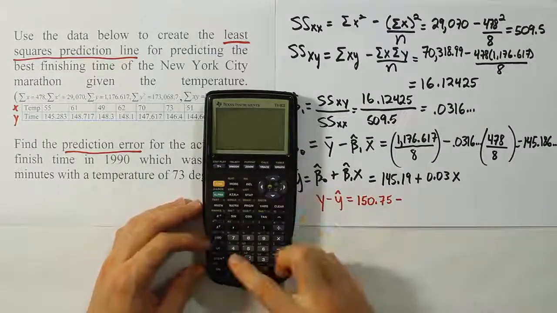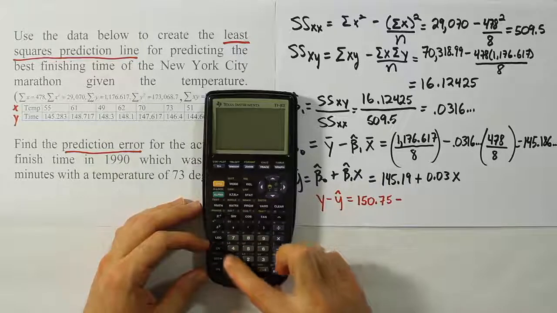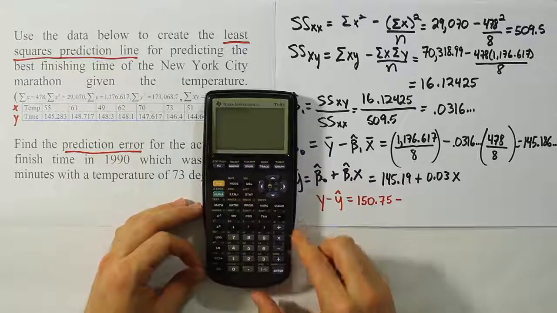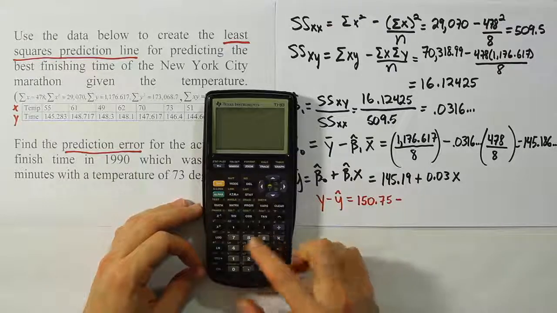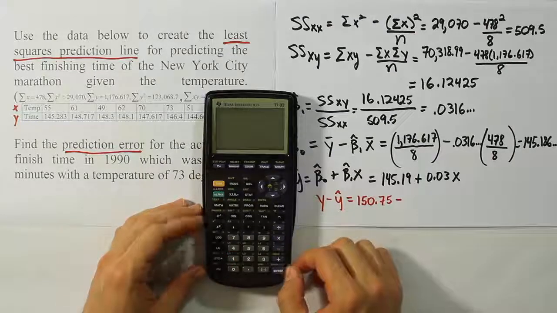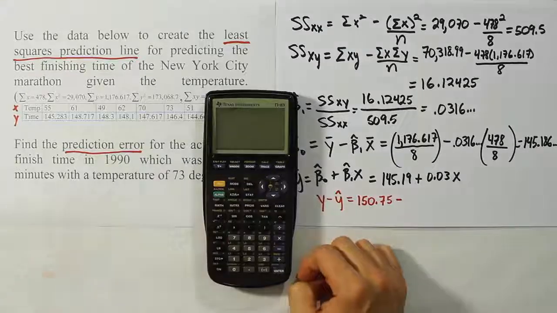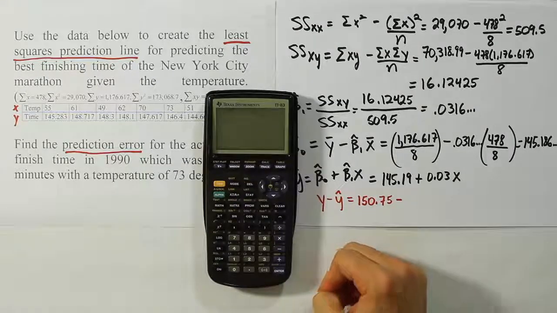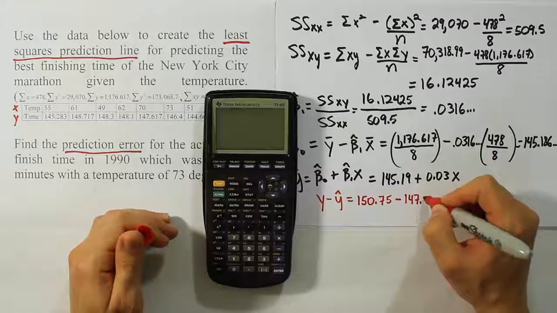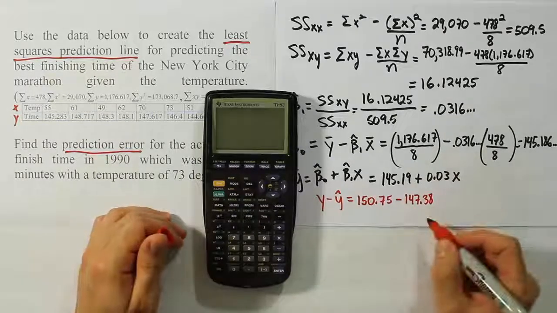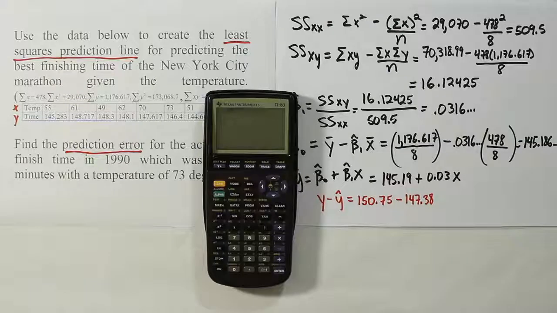Okay, so we're going to have 145.19, then we'll have plus the 0.03 times our 73 degrees. Let's see what that ends up giving us for a finishing time. That means we predict our finishing time to be 147.38. So we think that would be the average finishing time for a day when the temperature is 73 degrees.